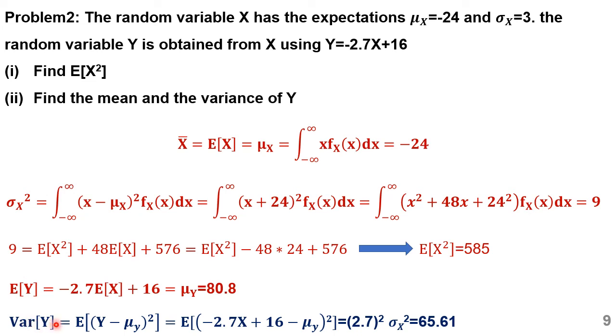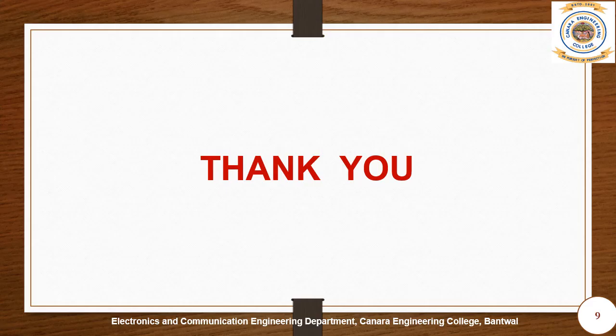Variance of y is given as E of minus 2.7x plus 16 whole square, that gives you 2.7 whole square sigma x whole square. So that is 65.61, because sigma x is 3. So 2.7 whole square into 3 square, that is equal to 67.61.